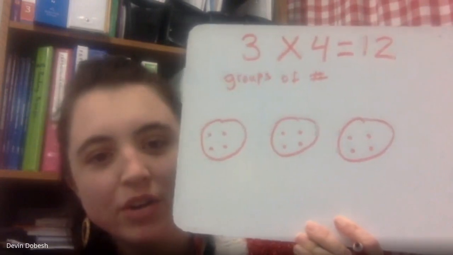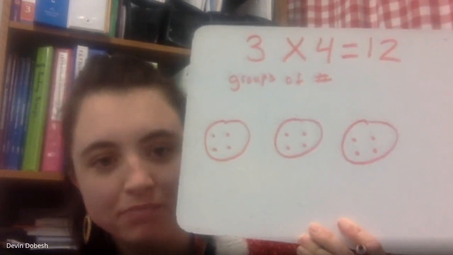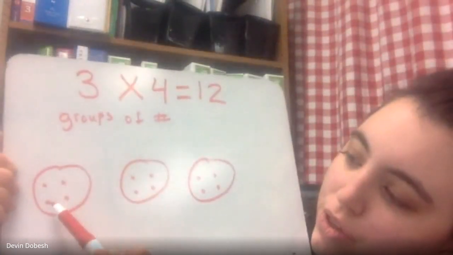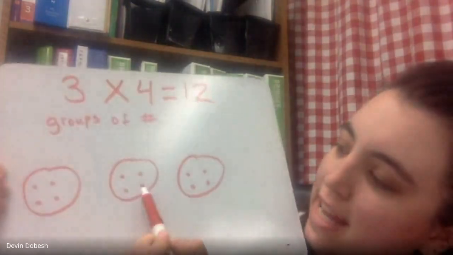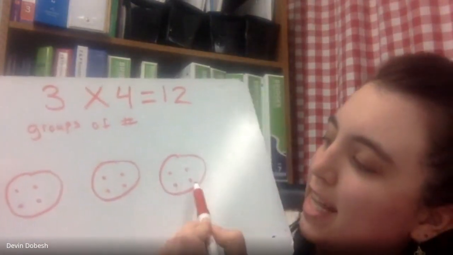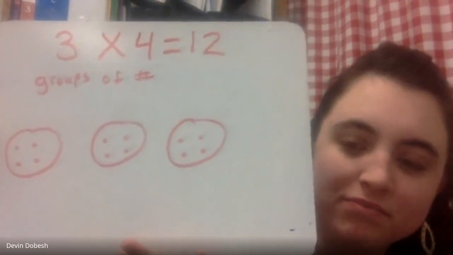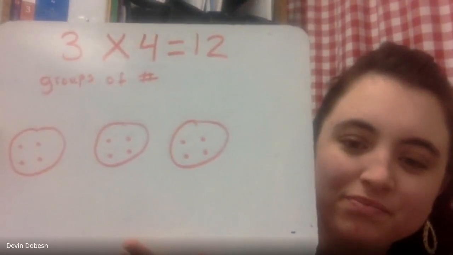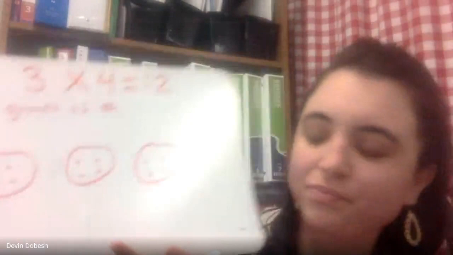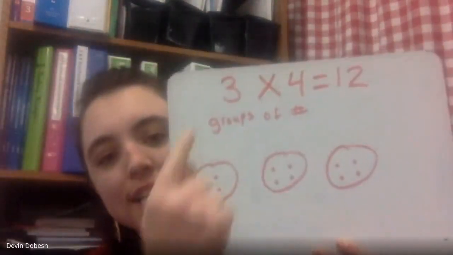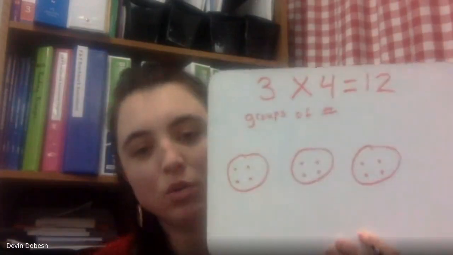So we'll have 3 groups of 4. And if we count that, we have 1, 2, 3, 4, 5, 6, 7, 8, 9, 10, 11, 12. 3 groups of 4 equals 12. Okay, we also could say 3 times 4 equals 12.